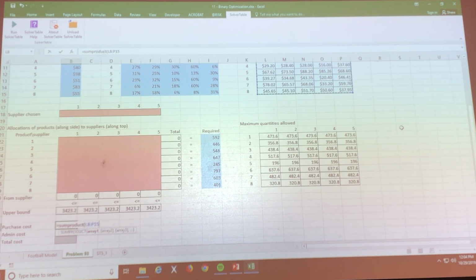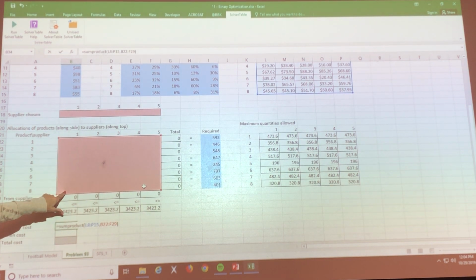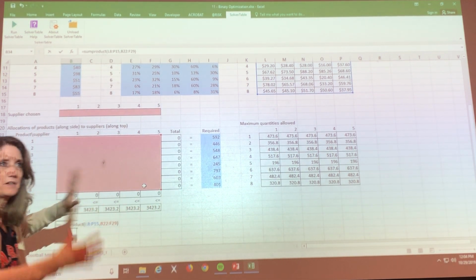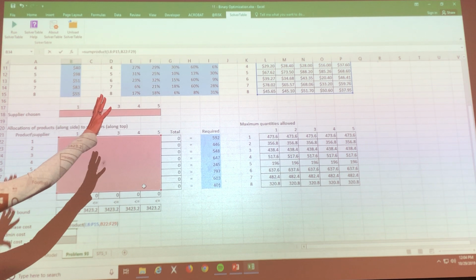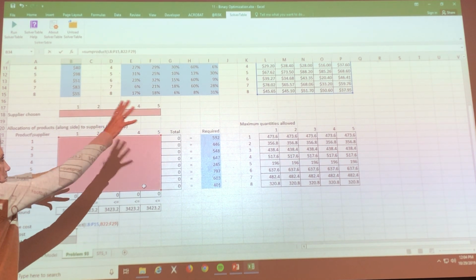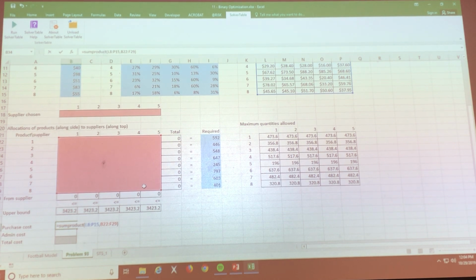Those are the costs, and then of course, these are the quantities. We don't know what those quantities are gonna be, but for every one of these, I'm paying $45.65. For every one of these, I'm paying $37.95. So that's our sum product: the quantity here times the actual cost that we calculated there.